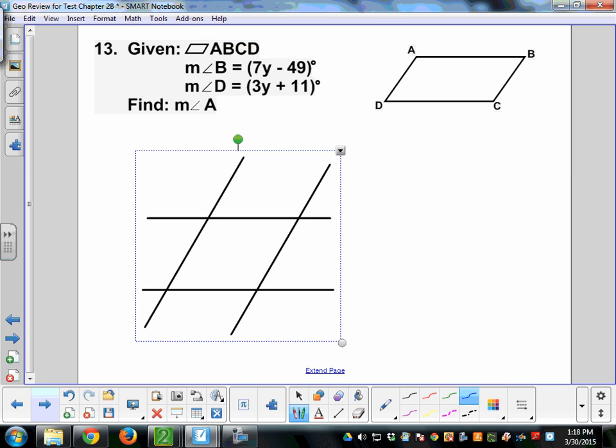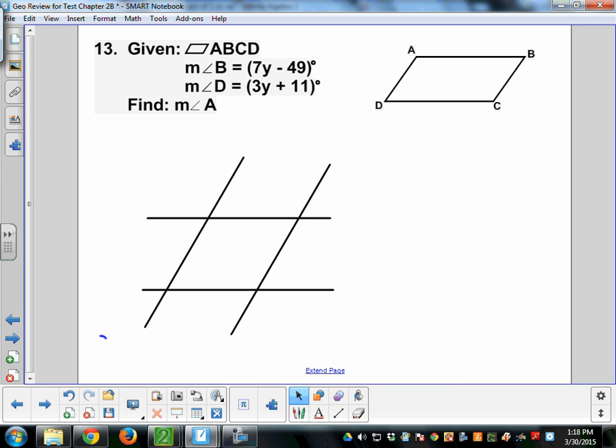All right, you notice I have the same setup for this one. In this case, it gave me angle B and angle D. They're both acute.